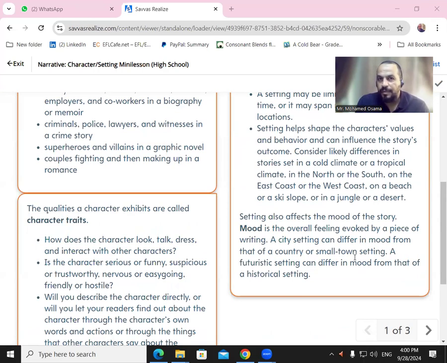Like the house was creepy, gloomy, dark at night. Thunder, rain, cracks, a big fissure in the wall. So all of these affect the setting.